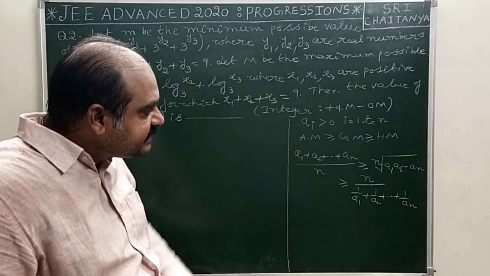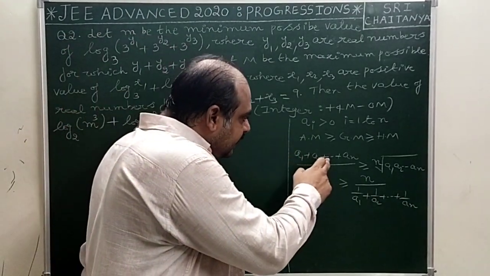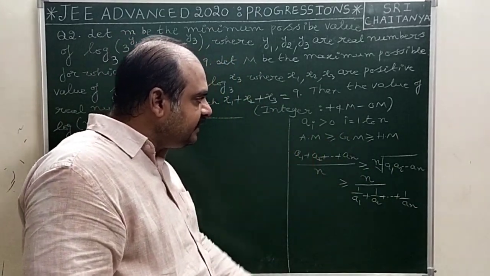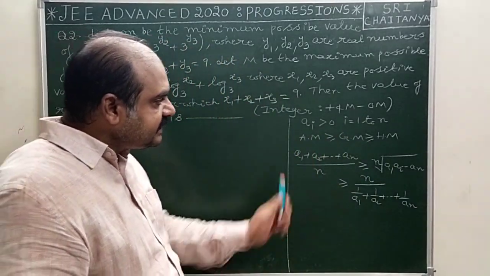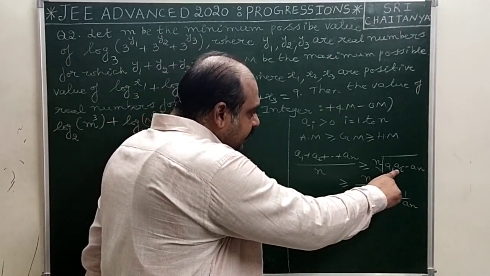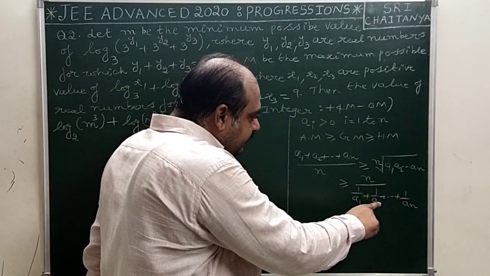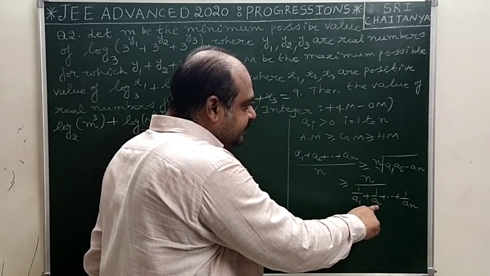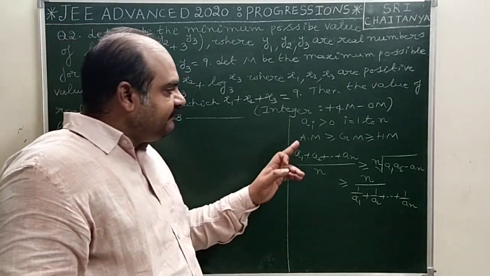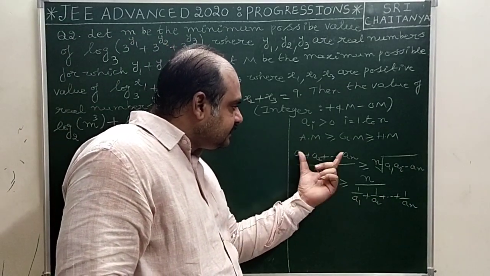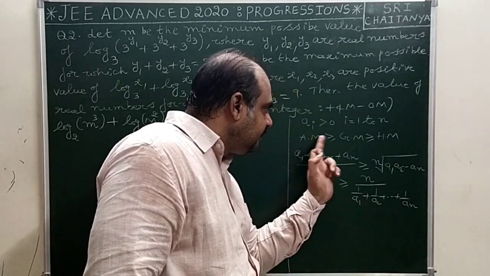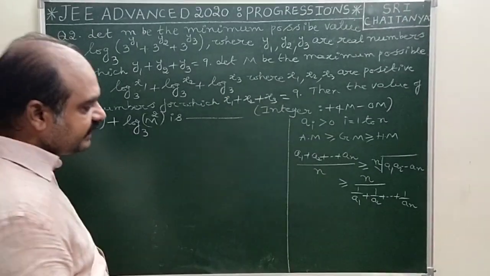Now if the problem is regarding sum and product, we will use AM greater than or equal to GM. If it is regarding product and sum of reciprocals of numbers, we will use GM greater than or equal to HM. If it is regarding sum of numbers and sum of reciprocals of numbers, we will use AM greater than or equal to HM.